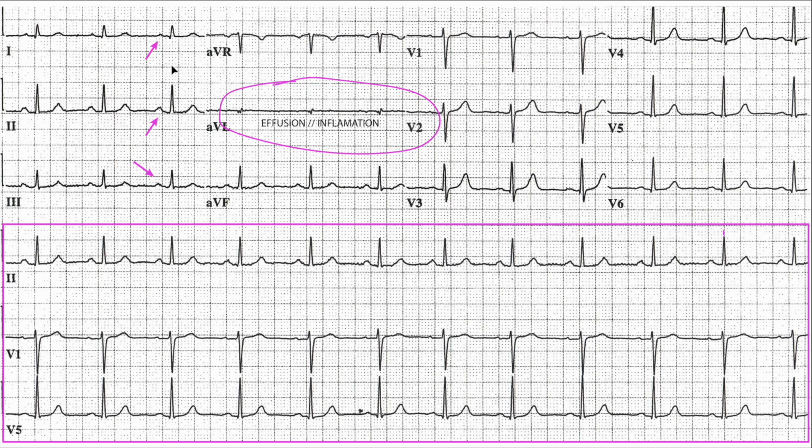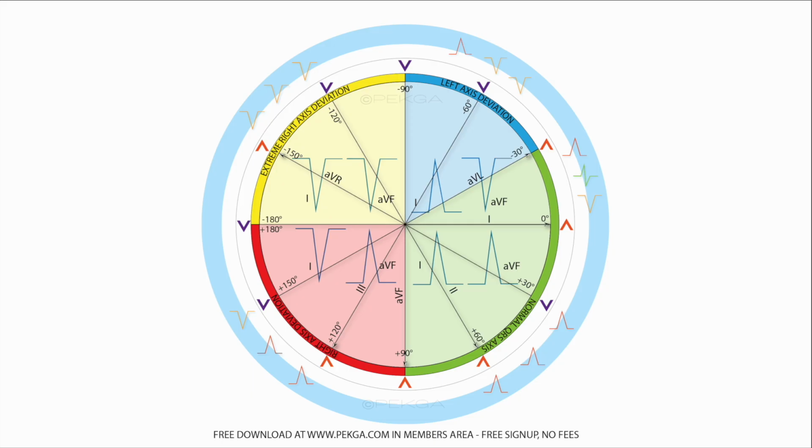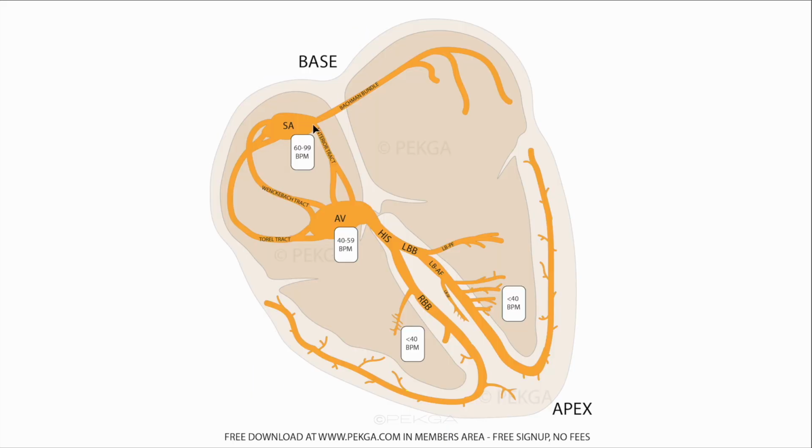Okay, and the reason for that is, now we're really getting ahead of ourselves here, but imagine if you had an ectopic focus that was irritated. So one of these myocardial cells very close to the SA node was irritated, and it was firing at a rate faster than the SA node.